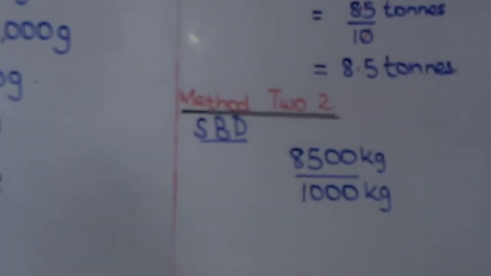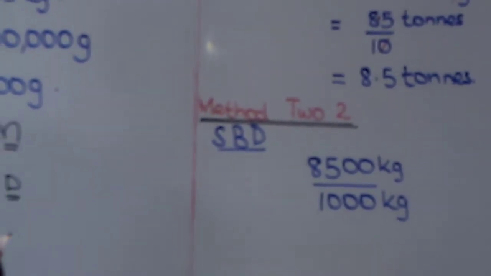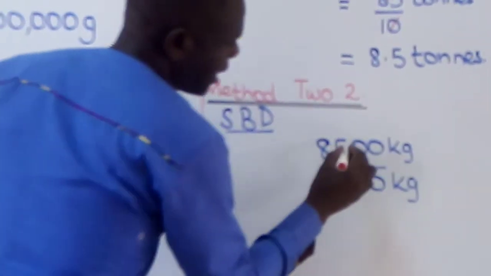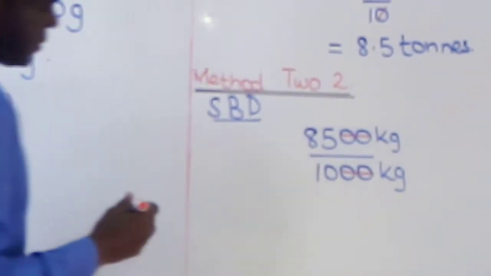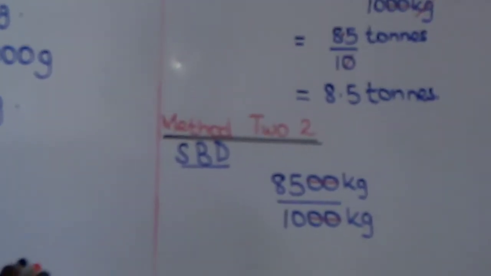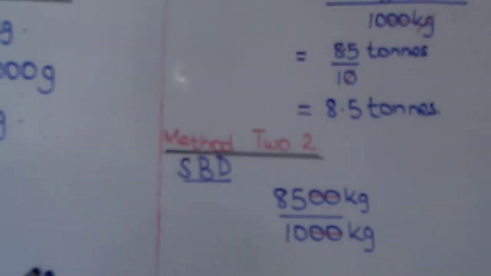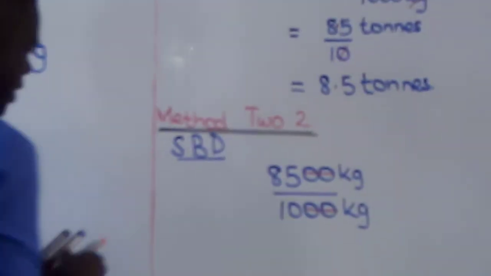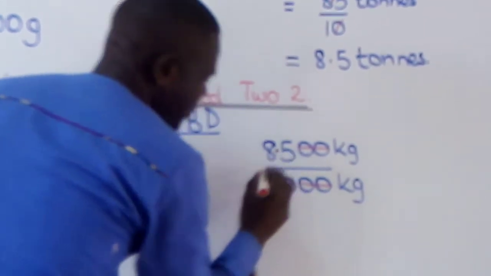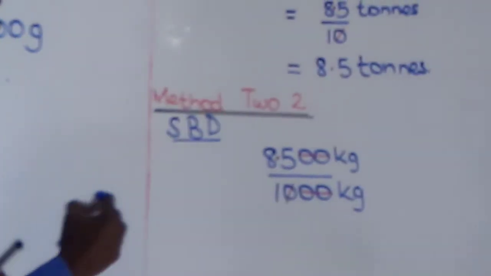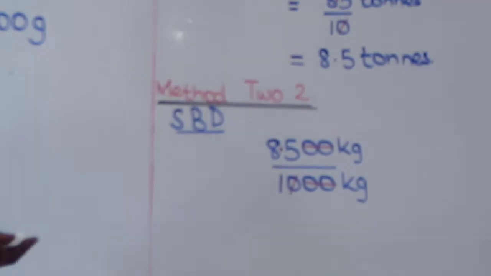Yes? Are we together? And so we will cancel the 2 zeros with the 2 zeros. We together? Then we cancel this 0 and create a decimal point there. So what are we left with?